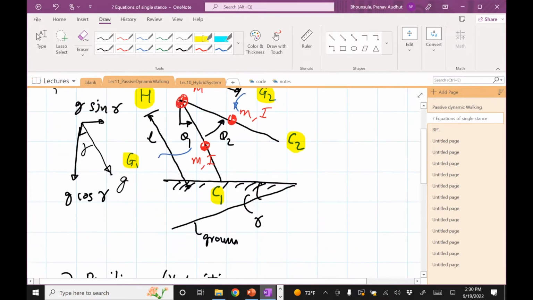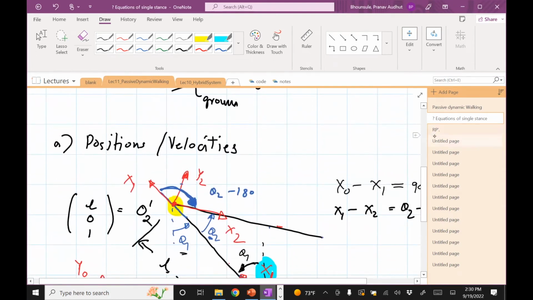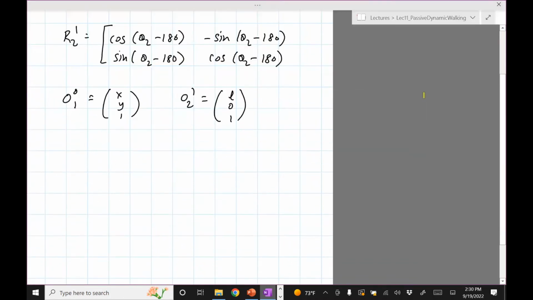Okay, C1 is simply O1 with respect to 0. C1 in frame 0 is simply O1 with respect to frame 0. That's very trivial. C2, sorry, let's go to G1 actually.